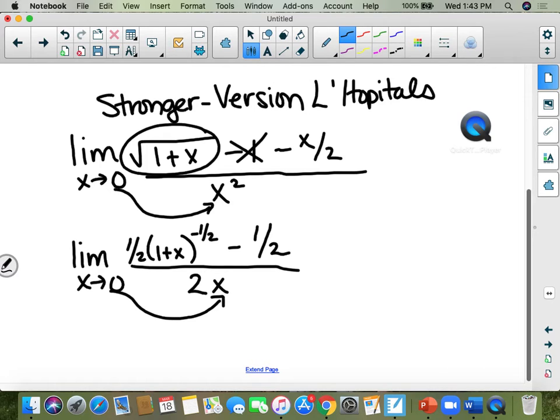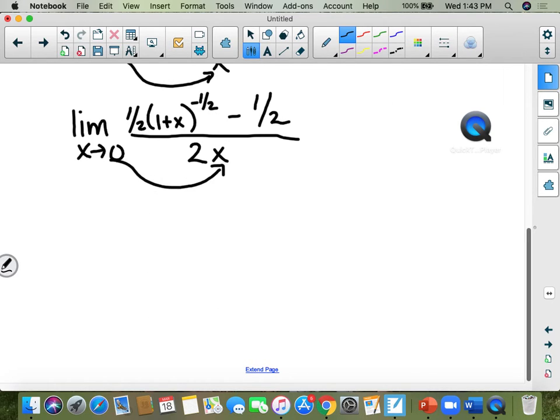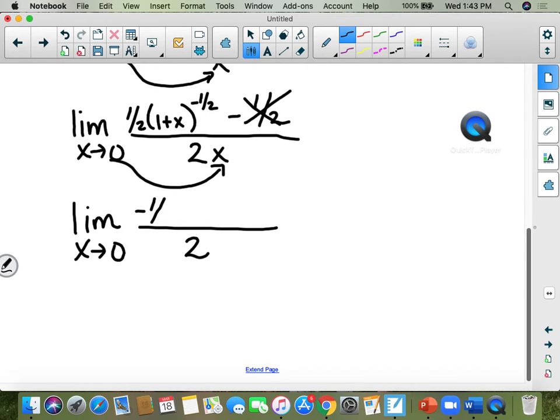The stronger version of L'Hopital's rule is just to do it again. It's called the stronger version of L'Hopital's rule. Now I take the derivative of 2x, which is 2. This cancels out because it's a number. I'm going to get a negative 1/4, leave the inside alone, and subtract 1 from the exponent, which makes a negative 3/2.